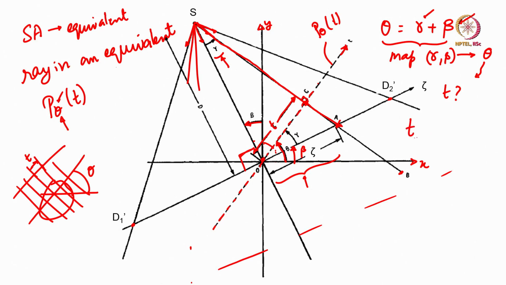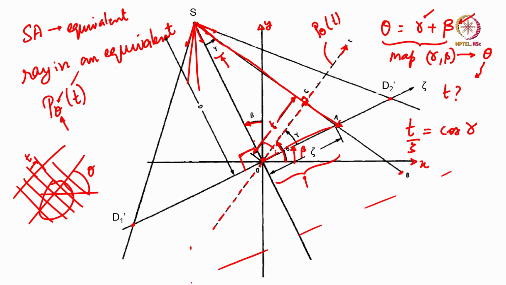You write t by zeta is cos of gamma in this triangle. You have t, you have zeta, t by zeta is cos gamma. So, now you know which t to map to. How do you get gamma now?